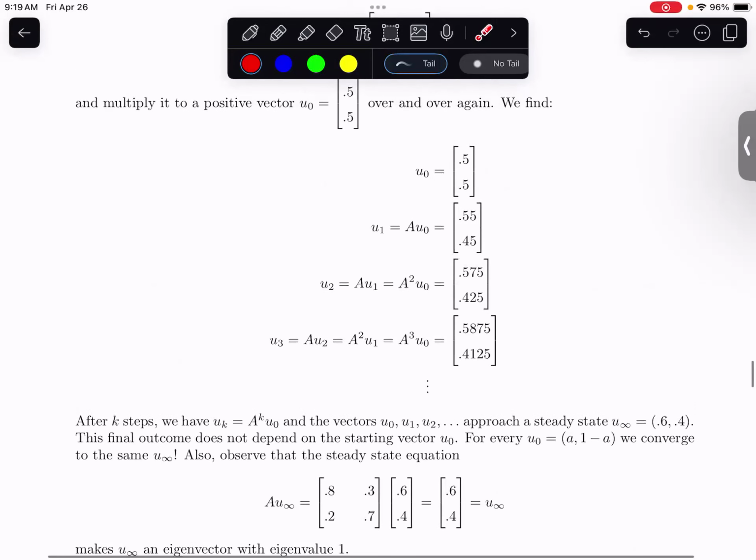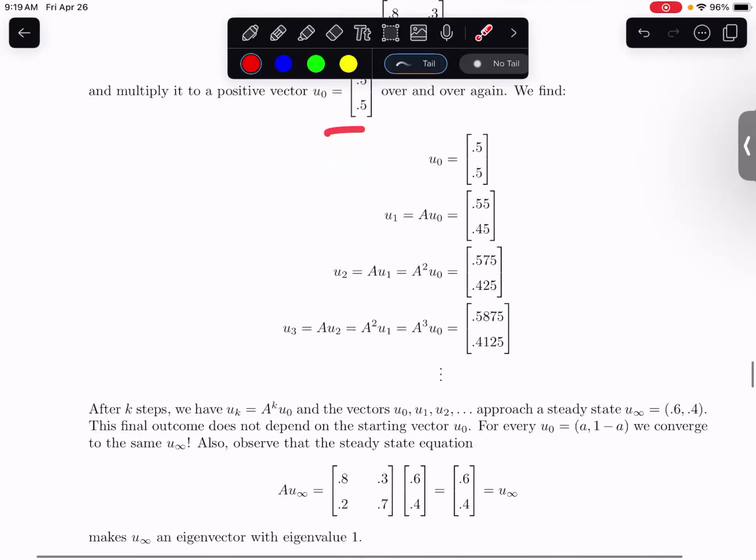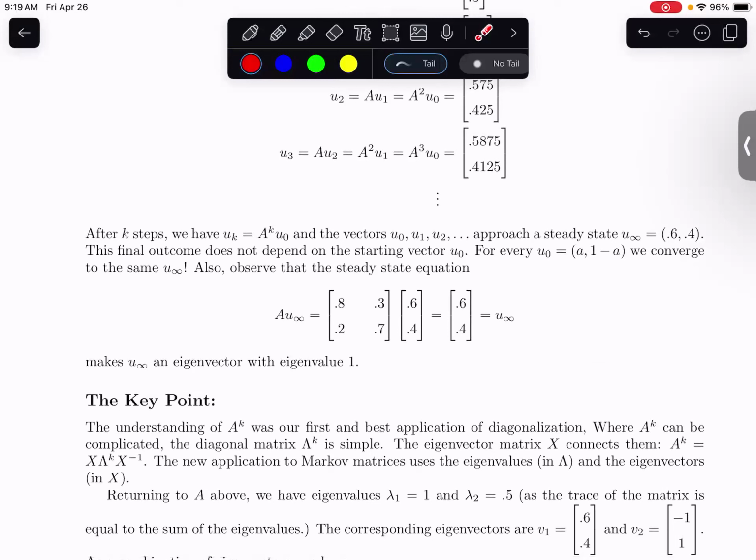It doesn't matter that we started with 0.55. If you started with 0.2, 0.8, or 0.7, 0.3, it would still converge to the exact same steady state vector. It's completely invariant to U naught, this initial choice. As long as U naught is a Markov vector, say a plus (1 minus a) equal to 1, we converge to the same U infinity.